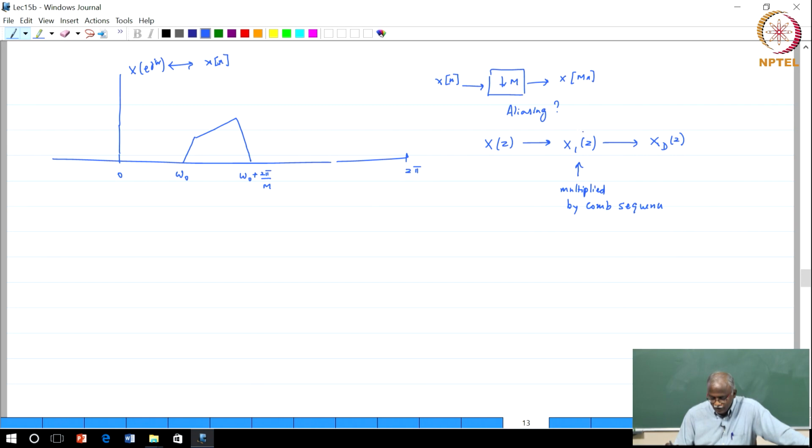So when you look at this, the shifts are by 2 pi over m. The first copy of this signal is going to be shifted by 2 pi over m.